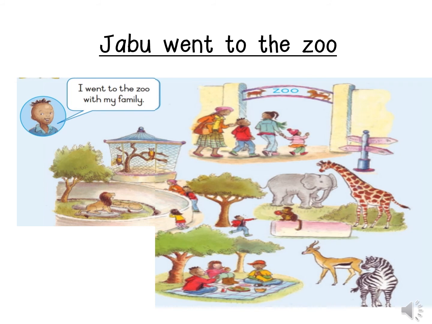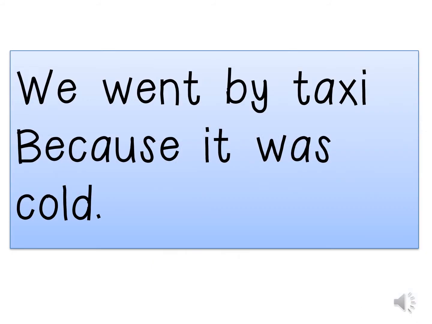As you can see, learners, there is a picture of the zoo and there are different animals at the zoo. There is also a speech bubble which says, I went to the zoo with my family. Now let us read. We went by taxi because it was cold.